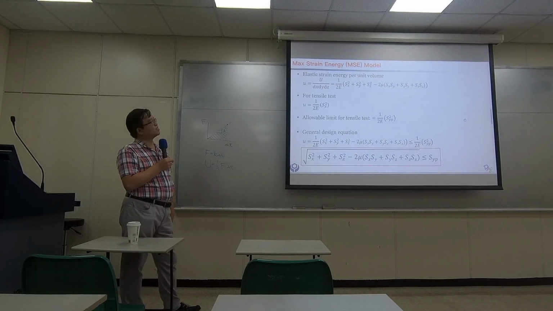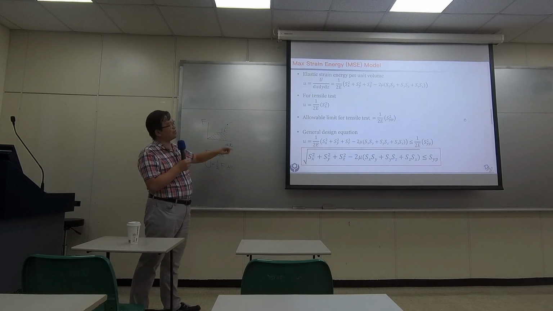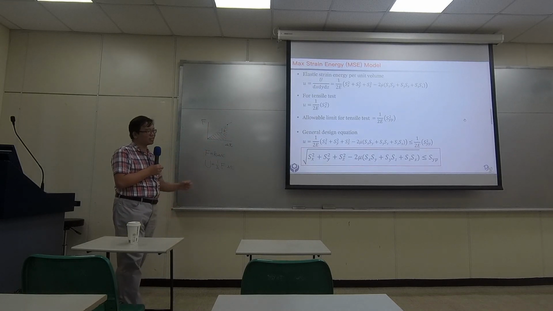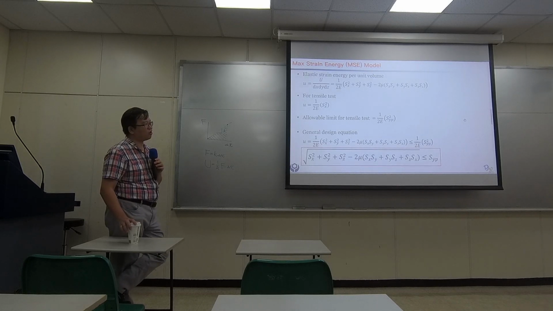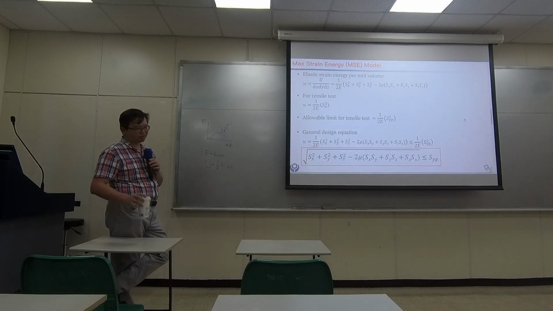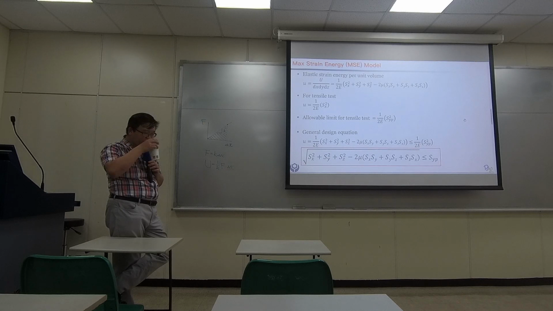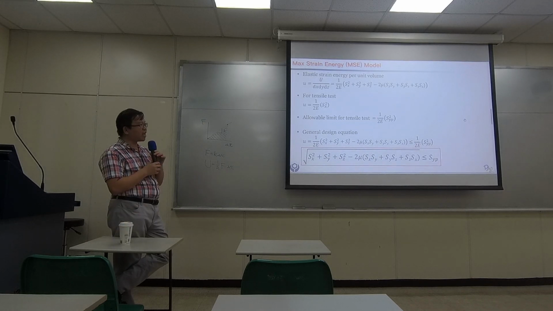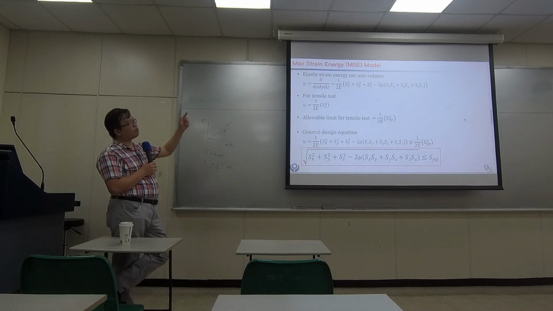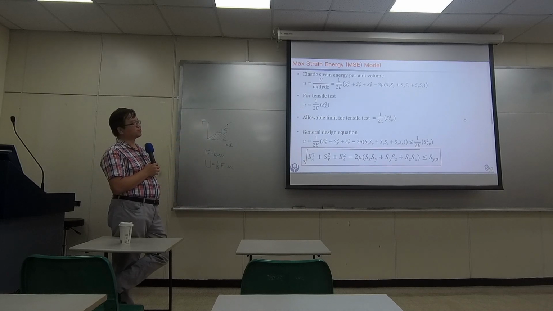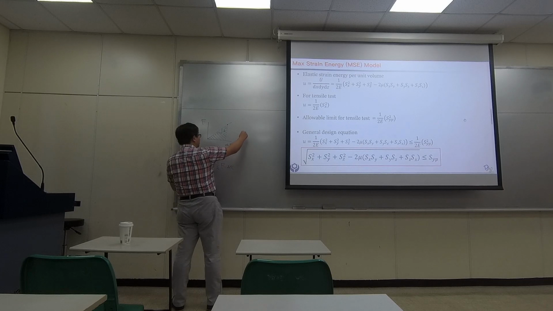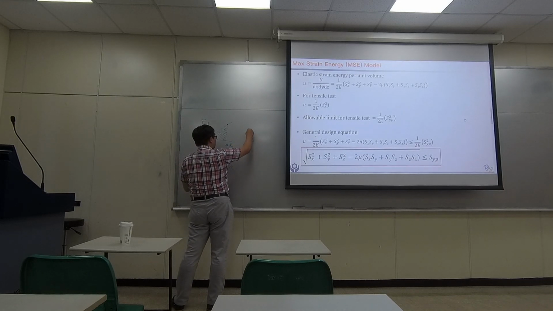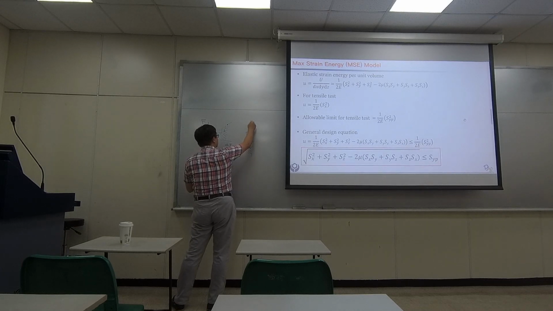So what's next? The following step, I think, is very important. It's a very fundamental concept for many design equations. So again, we go back to the tensile test. Let's think about a tensile test. Basically, it's like this.